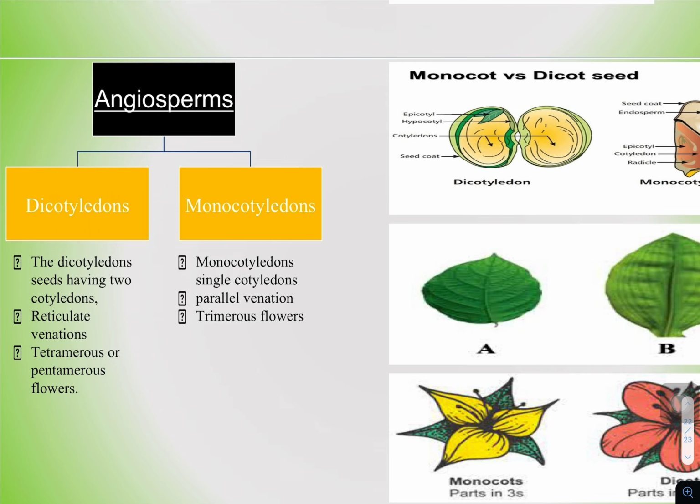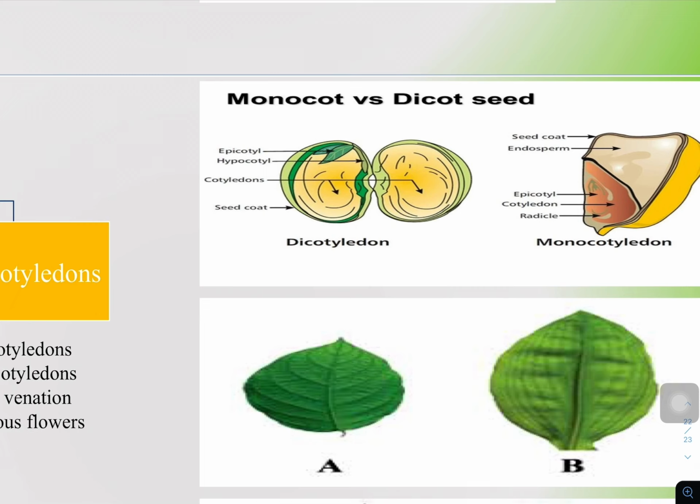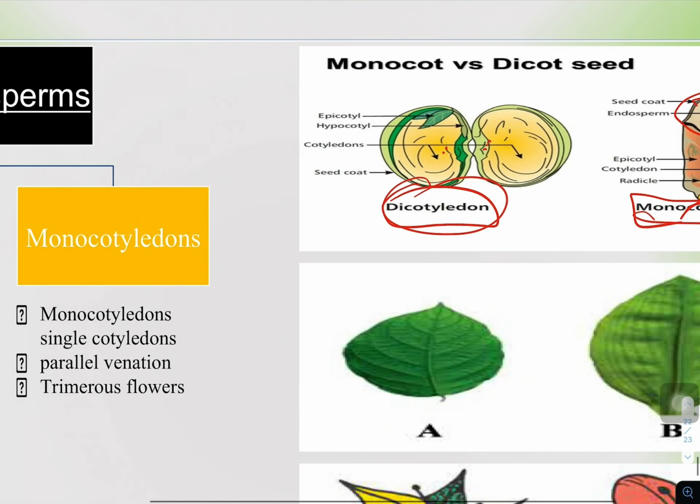Dicot and monocot. Dicots have two cotyledons. Take examples of gram or dal, green gram, chickpea, all have two cotyledons, so they are called dicots. Whereas rice has only one cotyledon. Such plants are called monocots, and these are called dicots.